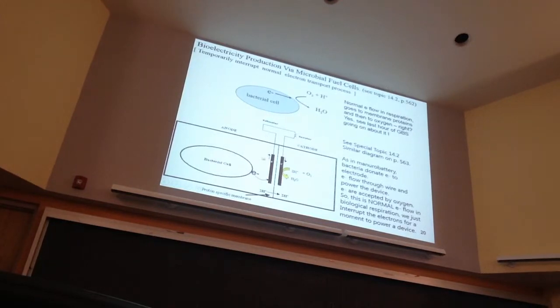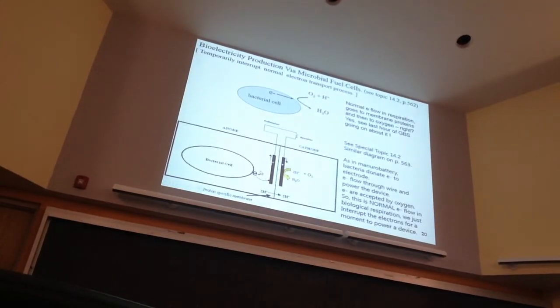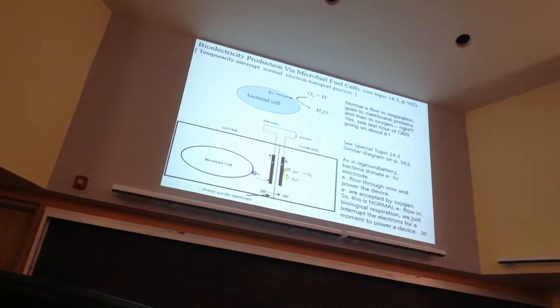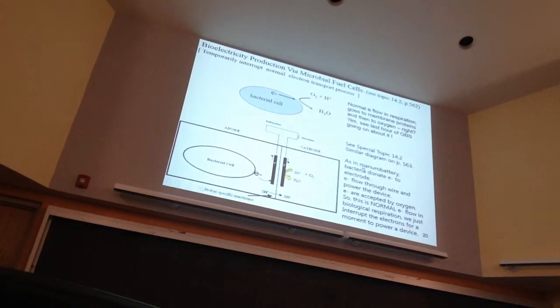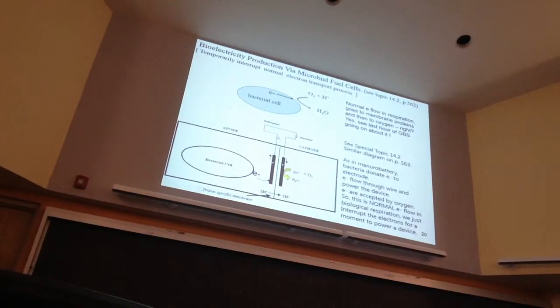Then here is a fuel cell, which is using the same process. So in a fuel cell, as in basically our fuel cell in what we're calling the manure battery, bacteria donate electrons to this electrode, and the electrons flow through whatever gadget you have. We have a voltmeter.